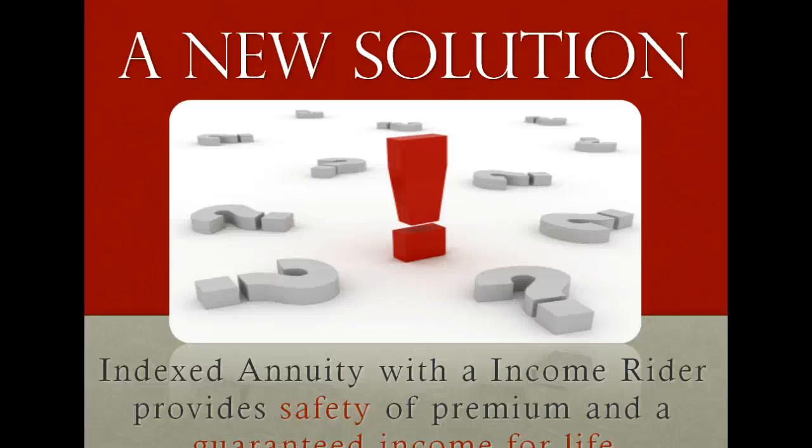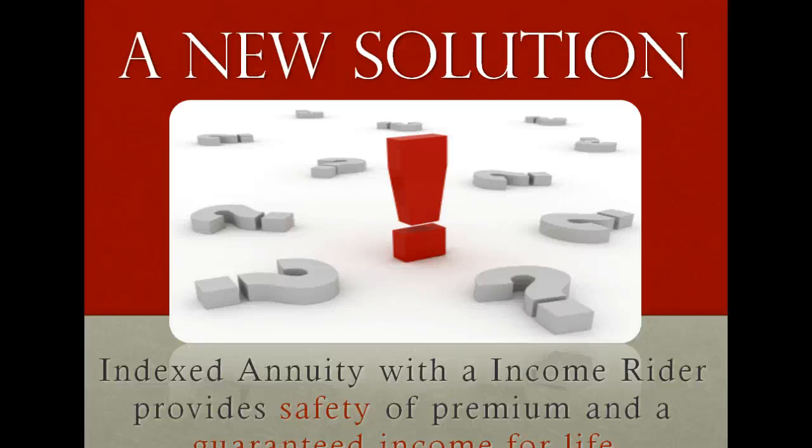But what it allows the annuity owner to do is to have their lump sum principal protected against loss to the stock market, to earn interest continuously throughout their retirement based on the growth of a stock market index, and at the same time, using the income rider, generate a guaranteed income stream for as long as they live.